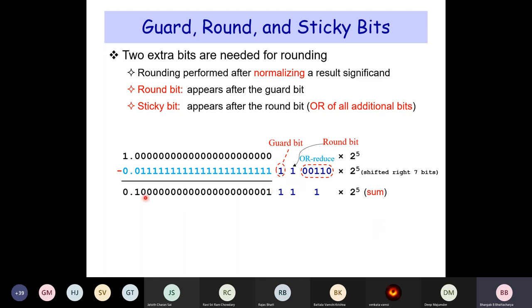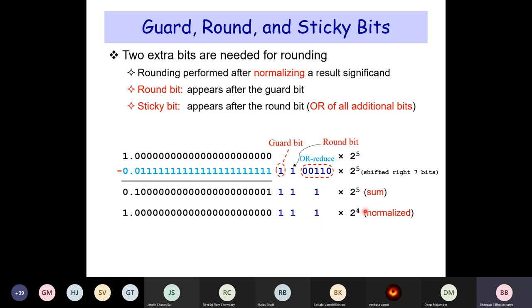The result you see here is not considering the guard bit right now. I think you got the idea. If you consider the guard bit, since you are subtracting, the result would be further reduced for accuracy, because there are some significant bits here which are lost.